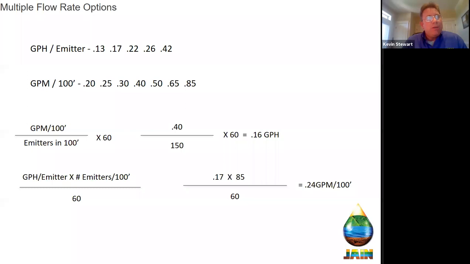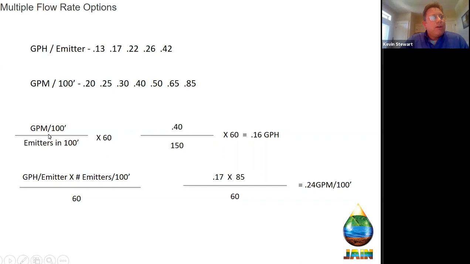In our drip tape options, we list them in gallons per minute per 100 feet. I've seen where this really messes people up sometimes if you don't understand it. So this 0.20 is gallons per minute per 100 feet of line. It's going to be flowing at 0.20 gallons. It gets a little confusing, but I did want to make the distinction.